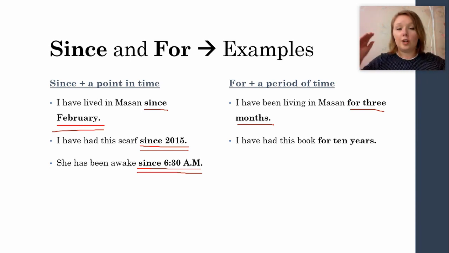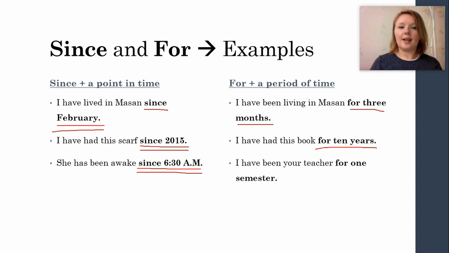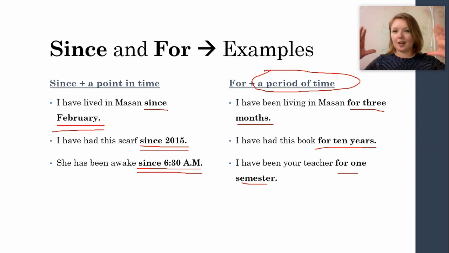It's that duration or how long, for 10 years. I have been your teacher for 1 semester. So we use for with a period of time or a length of time. 3 months, 10 years, 1 semester. And we use since with a point in time. February, 2015, 6:30 a.m. Okay?